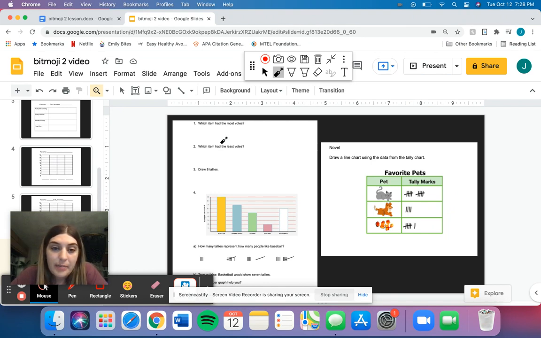So it's just some questions like which item had the most votes using your graph, which item had the least votes. I'm going to have you draw some tallies, answer some questions about this graph here. And then this one is a novel question, which just means it's not something that we talked about today or yesterday, but it's something that I think if you use your thinking, you might be able to figure out.